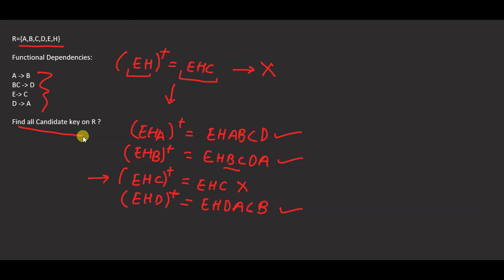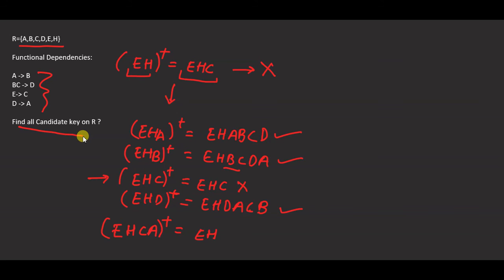But we can take some combination of EHC. EHC was not a candidate key. Let's add A to EHC. Still this will not be a candidate key. Why?